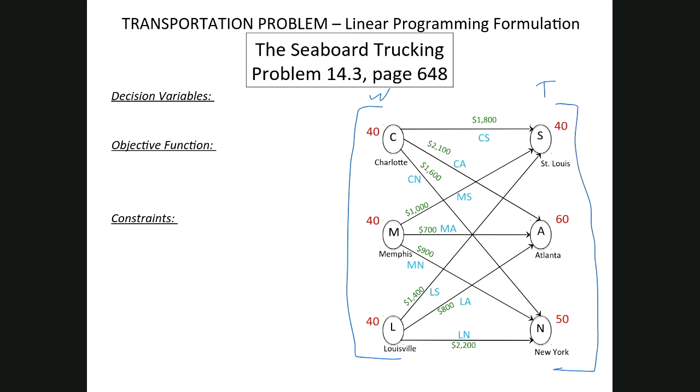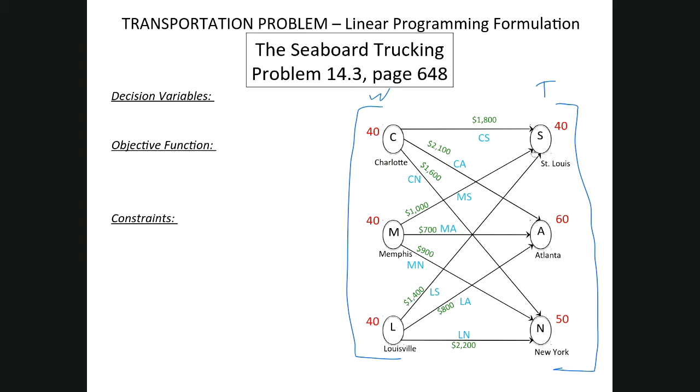This is not a geographic representation. The arrows still represent the routes available from Charlotte to St. Louis, Charlotte to Atlanta, Charlotte to New York, and so forth.